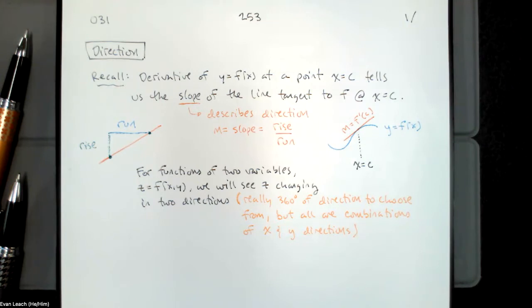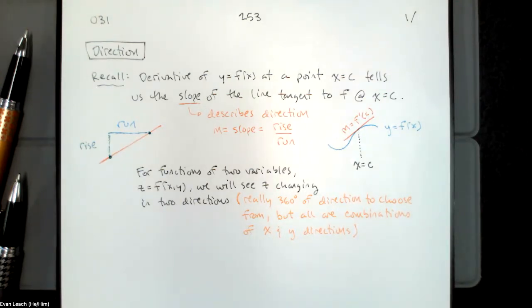If we're standing on a surface, we can go positive X direction, negative X direction, positive Y direction, negative Y direction. We've got these 2 directions to go and everything in between. So I could do some combination, 1 step in the X direction and 2 steps in the Y direction.